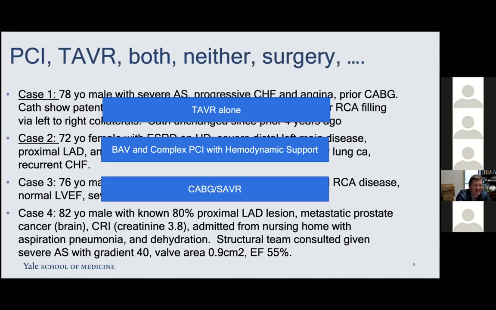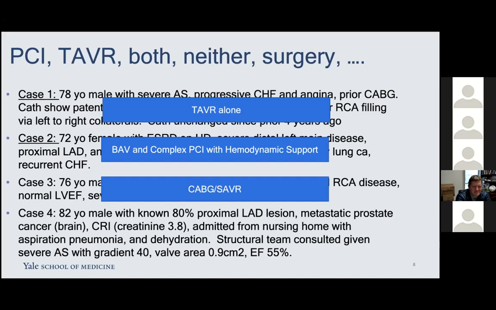Sure. So 82-year-old male with known 80% proximal LAD, metastatic prostate cancer to brain, a creatinine of 3.8, admitted from a nursing home with aspiration pneumonia, dehydration, consulted for severe AS with a gradient of 40, an area of 0.9, and the EF of 55%.